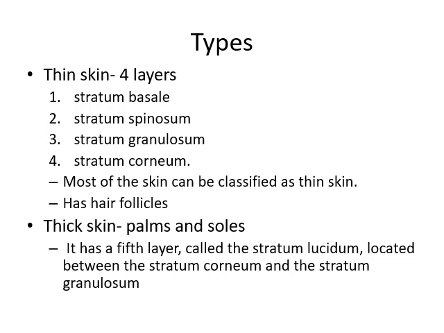Then thick skin actually covers our palms and soles. The thick skin is different from thin skin because it has a fifth layer called the stratum lucidum. Stratum lucidum is located between the stratum corneum and the stratum granulosum.